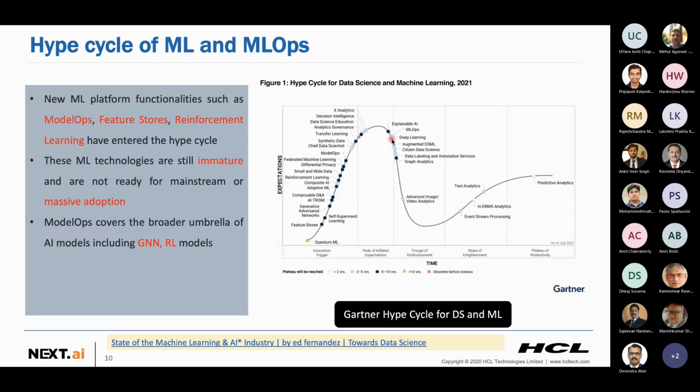Here you can see MLOps has entered the peak of inflated expectations right now. In 2019, it was in the innovation trigger phase, and right now we can see the introduction of ModelOps in the innovation trigger. ModelOps is almost similar to MLOps, but it covers the whole AI umbrella, including the recent quantum computing, reinforcement learning, as well as graph-based neural network models.